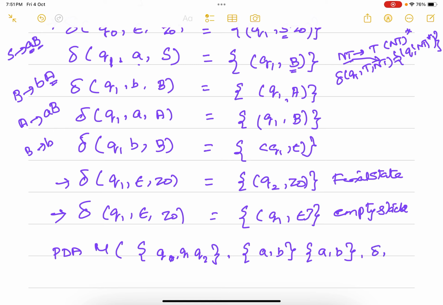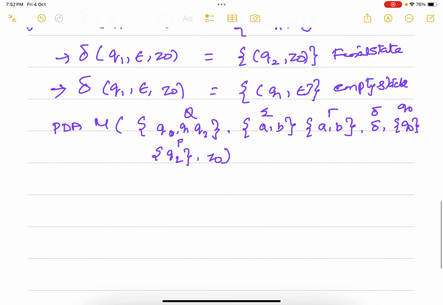What is the final state? The initial state is Q0. The final state is Q2. So we have defined Q, sigma, gamma, delta, Q0, F, 1, 2, 3, 4, 5, 6, and another one, the bottom of the stack, 7.